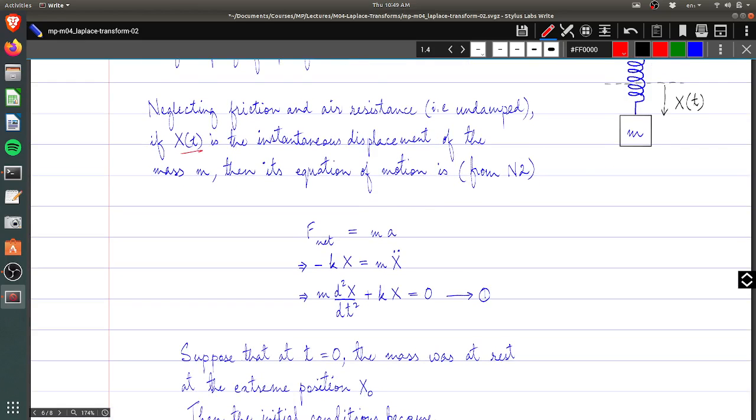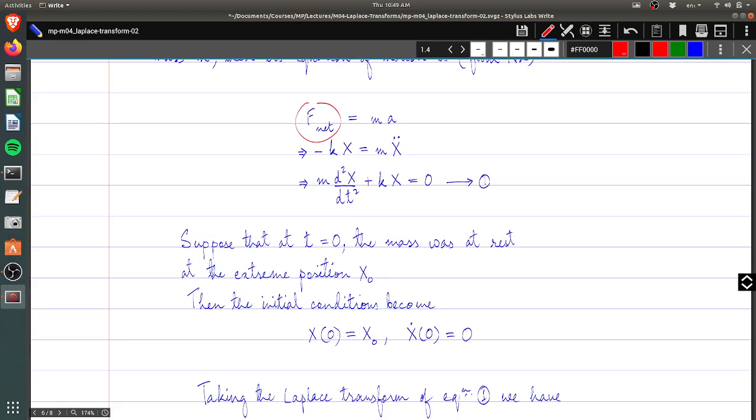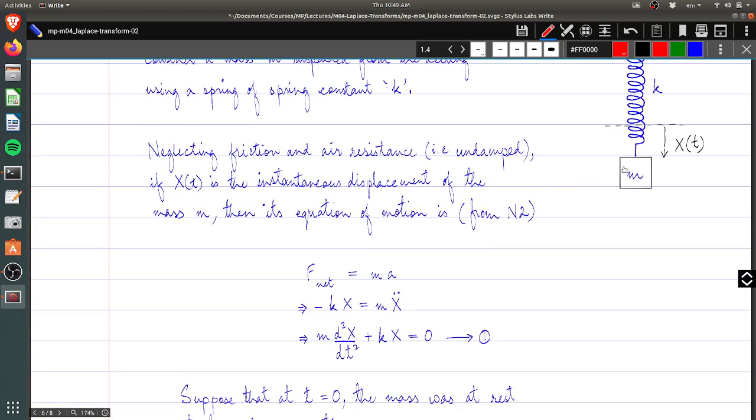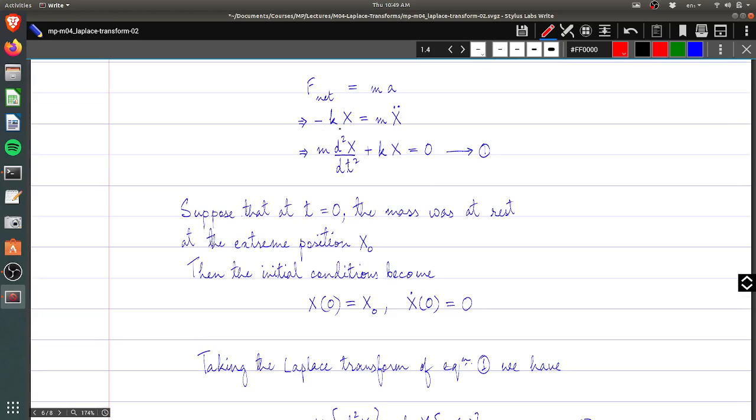Then x is the instantaneous displacement of the mass. The equation of motion, you already know how to derive. From Newton's second law, net force is equal to mass times acceleration. There is only one force, the spring force, which is minus kx. What about gravity? Gravity gets balanced out at the equilibrium position, so we don't include gravity here.